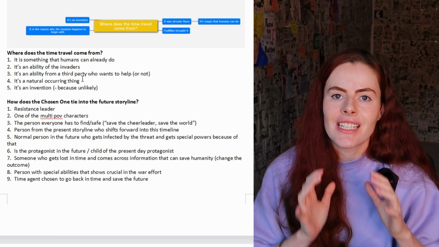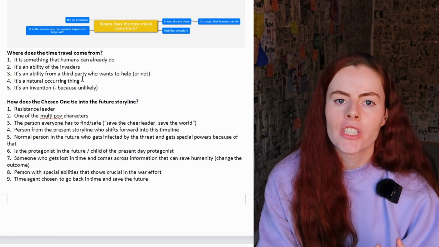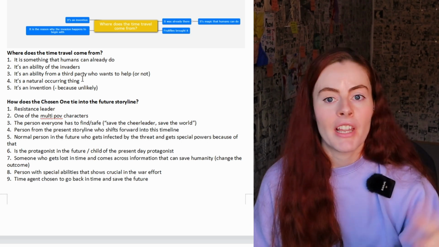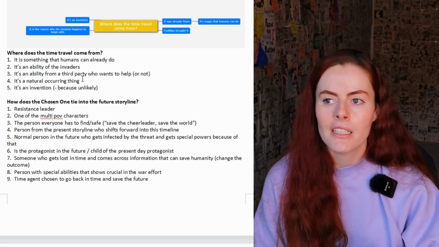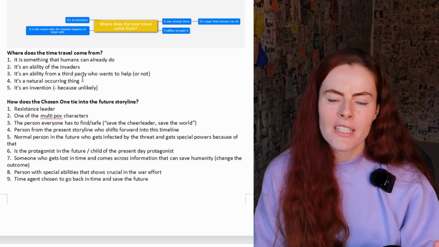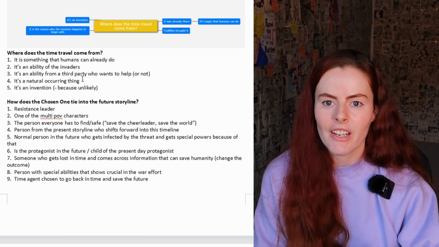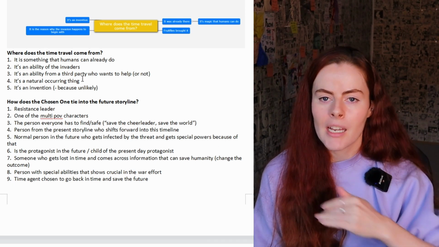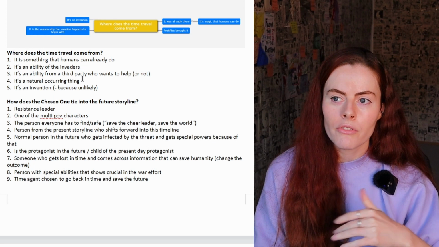The other thing is that it would really take away from the conflict, because if humans can time travel and have magic or whatever that gives them that ability, why are they losing so badly, right? They should be much better at defending themselves if they have those higher powers. So that's why it makes more sense that the time travel is introduced from the threat.